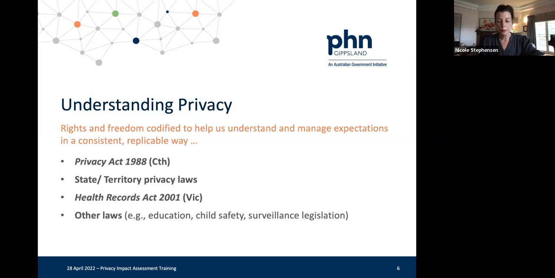So, for example, we have education legislation, child safety legislation, and surveillance legislation. All of those types of legislation may deal with the topic of privacy in some way. Often we see those other laws deal with privacy using other terms like confidentiality or secrecy.